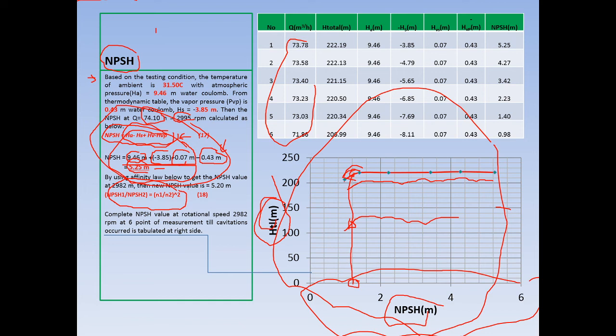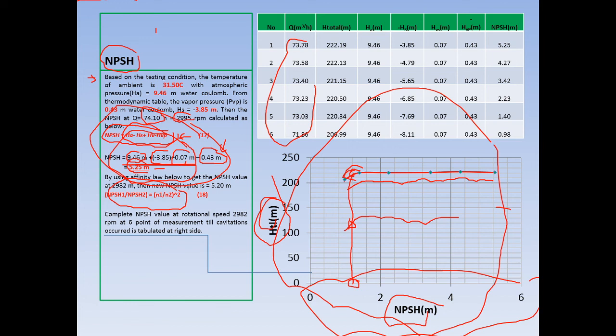Let's say your reservoir is below your pump. Let's say the distance is 3 meters. So you have 9.46 minus 3, so you have a remaining available of 6. And your pump requires 2.5. Still quite good.